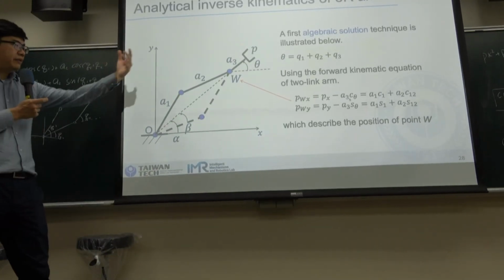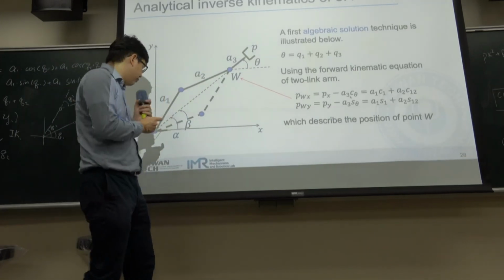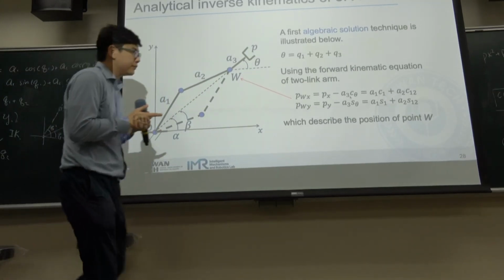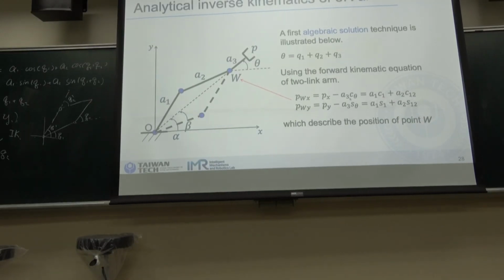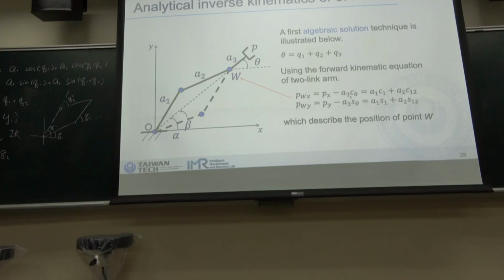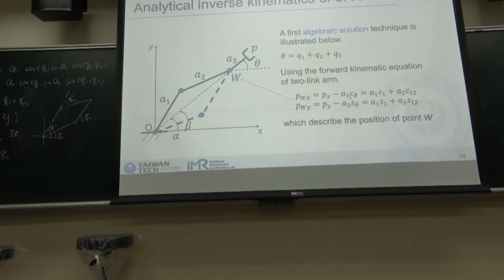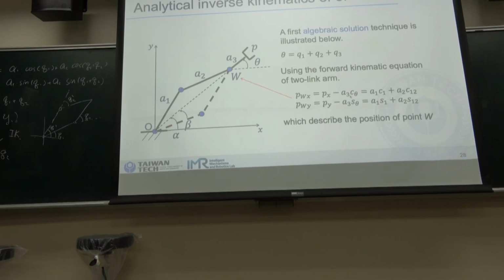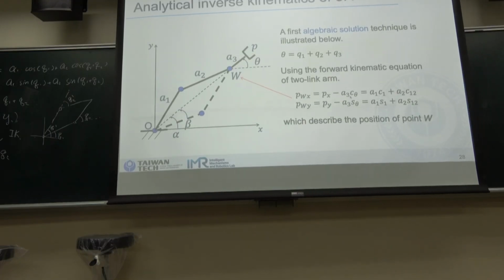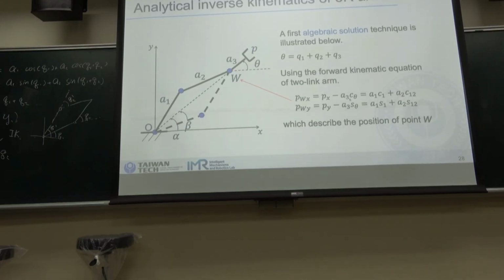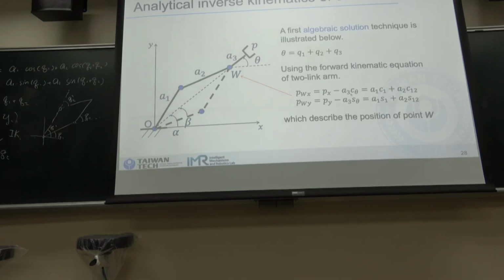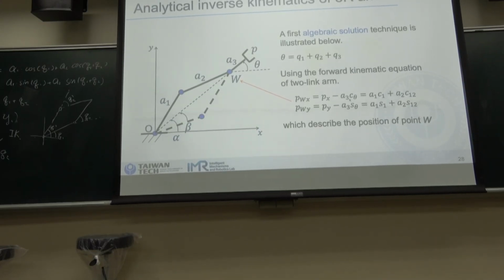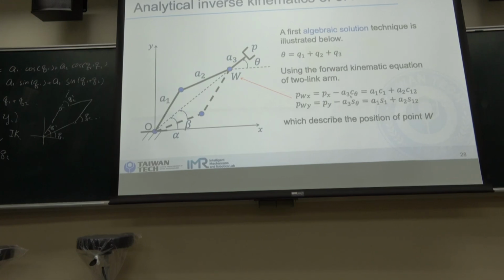So the first thing is, if we have a link such as this one, and we know its direction theta, and this point is Px, Py, and the link length is A3, what is the position of this other point?